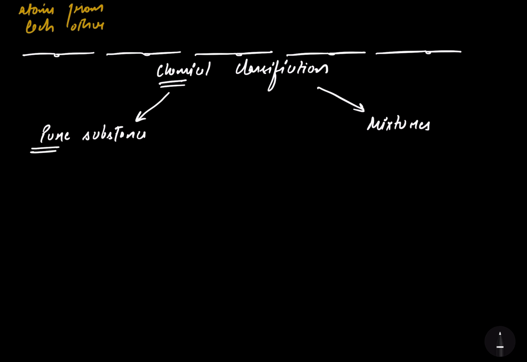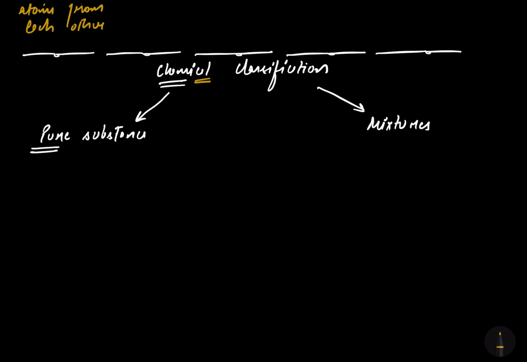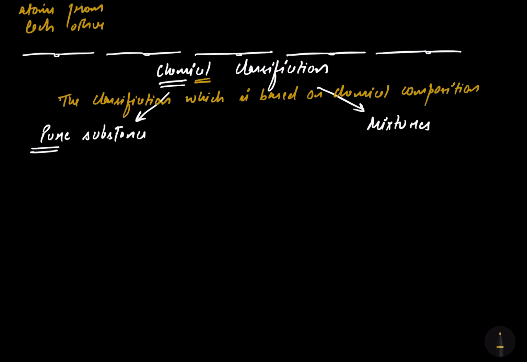Let us talk about what a pure substance is. Let me introduce some more lines in the heading chemical classification. It is the classification based on the chemical composition of matter.